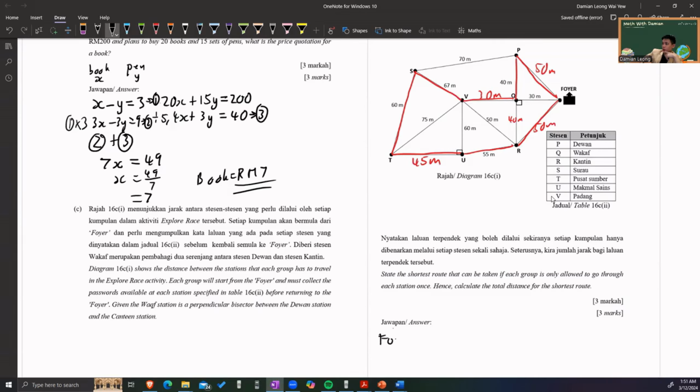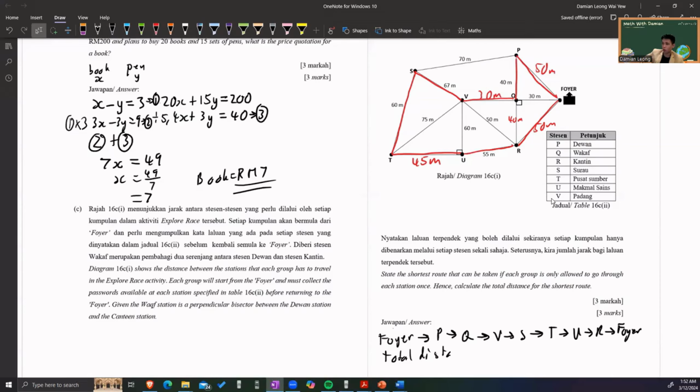So it means I go from foyer to P, then Q, V, S, T, U, R, then back to the foyer. So calculate total distance.